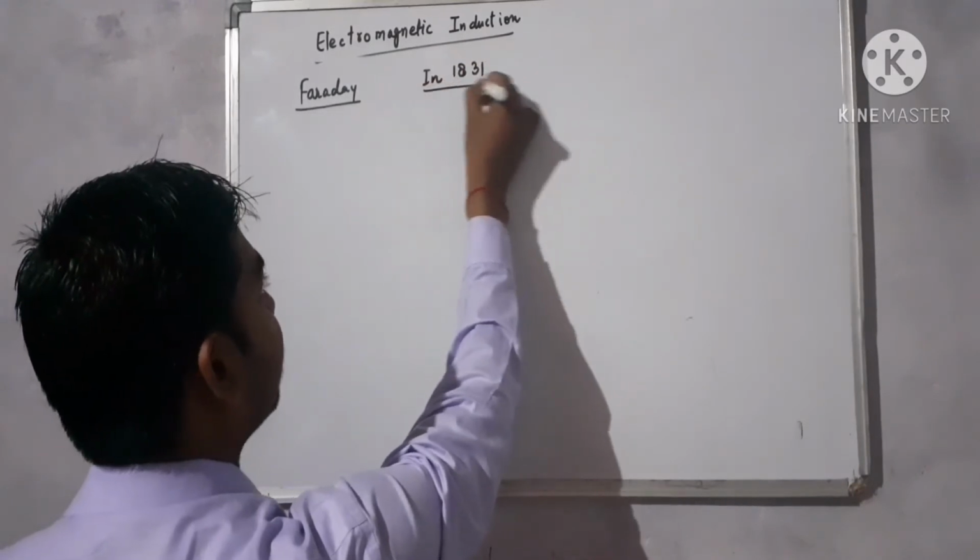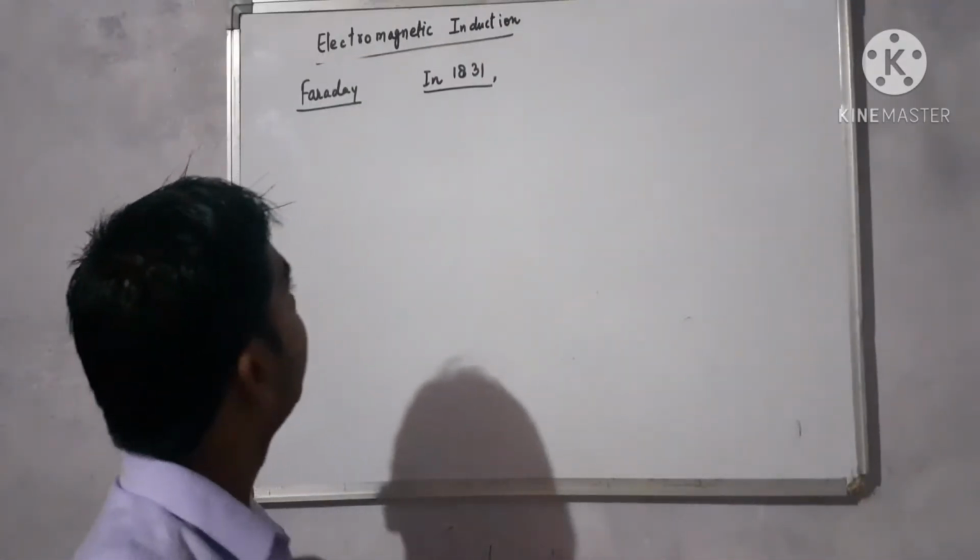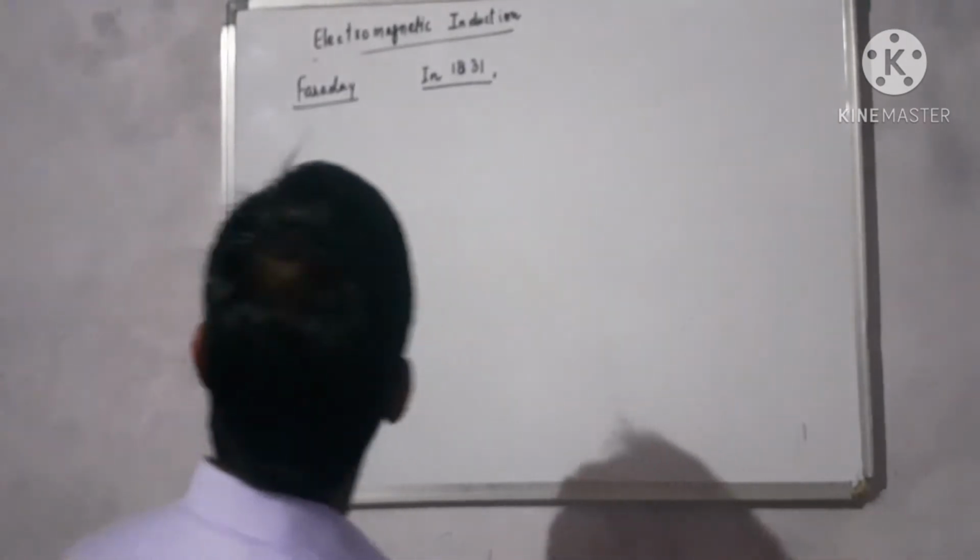In 1831, some observations were made by Faraday.